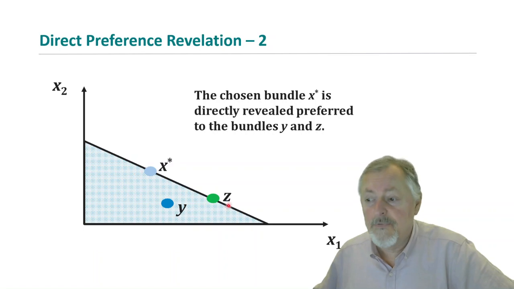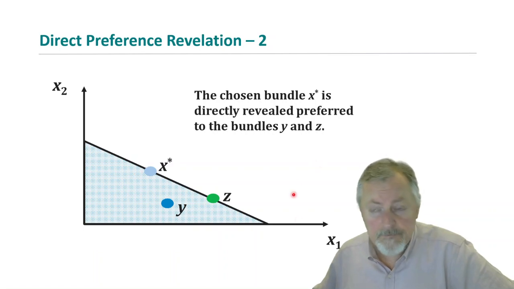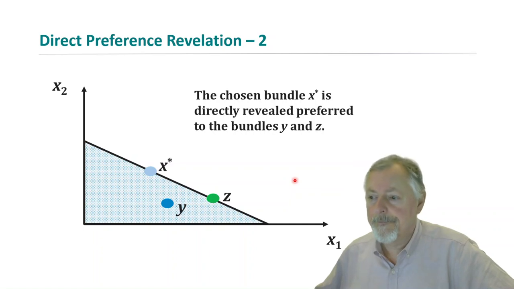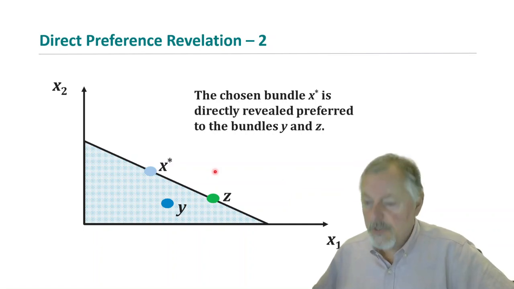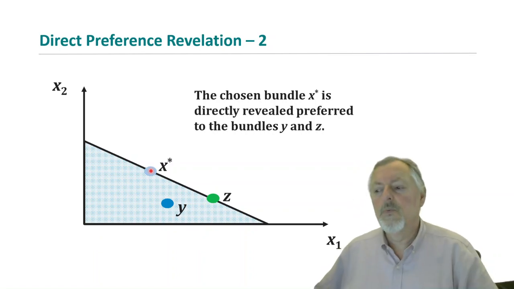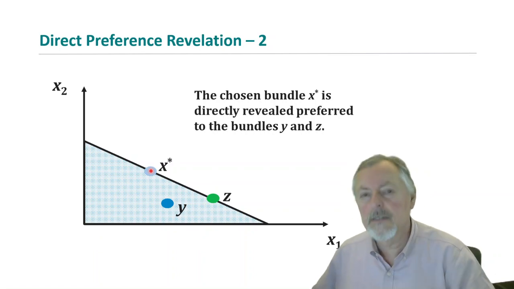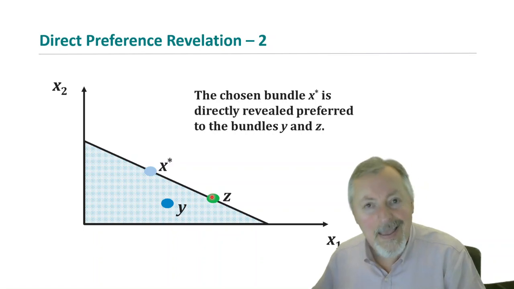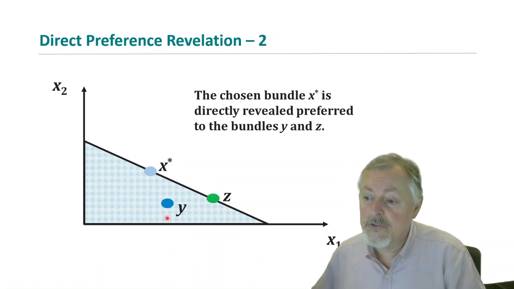So you can afford all three bundles. Your budget isn't stopping you from picking any of them. So you look at these three and you pick bundle X. That tells us that you have directly revealed you prefer X over Z, and you prefer X over Y.